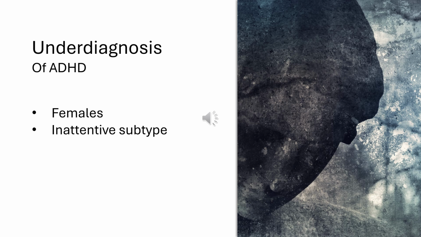This leads to symptoms often going unnoticed. So, if you are a child who is socialized as female and have the inattentive subtype, then you will be most likely to not receive a diagnosis for ADHD.